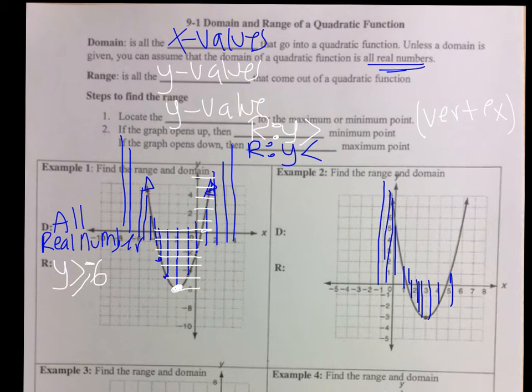So we have 4, 4.5, 5, 5.5, 6, 6.6, 6.7, 7, 8, and so on. So all of these x values are going to be included in this parabola. So if the graph continues to go on both sides, our domain will be all real numbers.